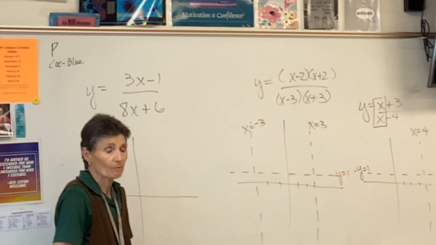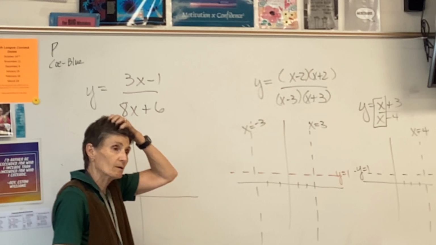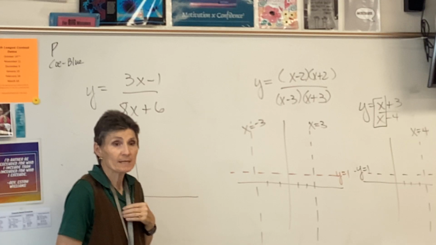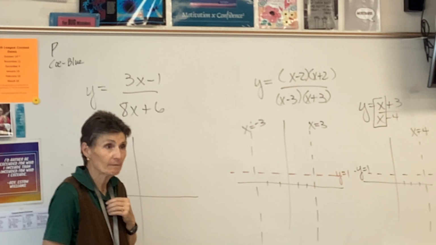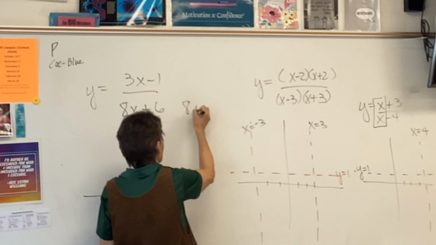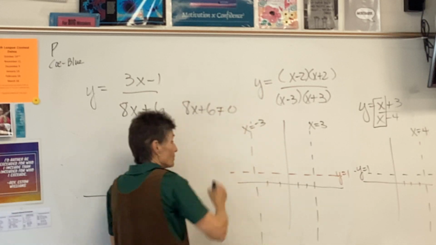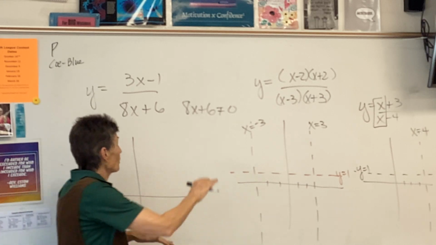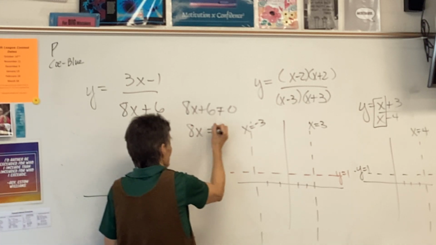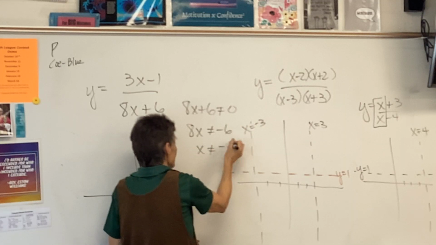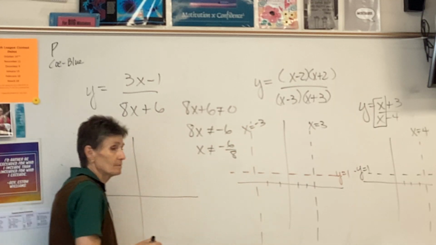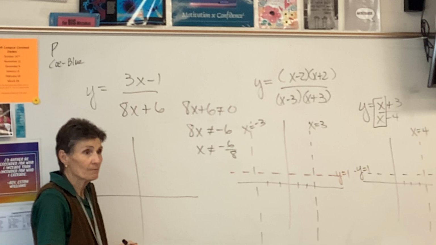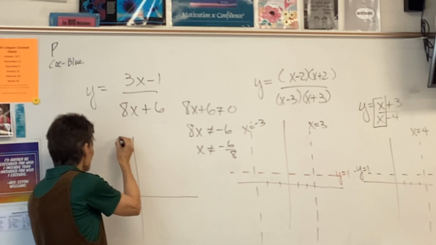Don't be scared because there are fractions here. Where does the vertical asymptote come from? The denominator, right? So 8x plus 6 can't be 0. Denominators can't be 0 ever. So if I solve that, I'll subtract 6 and divide. So what do I get? x equals negative 3/4.